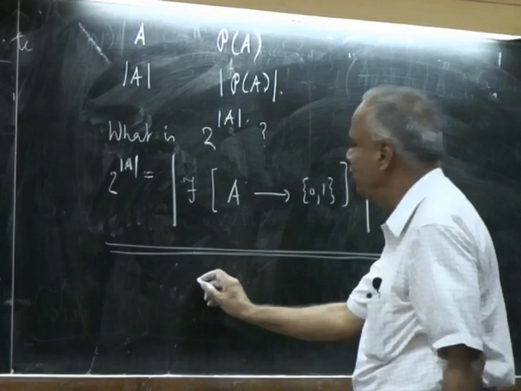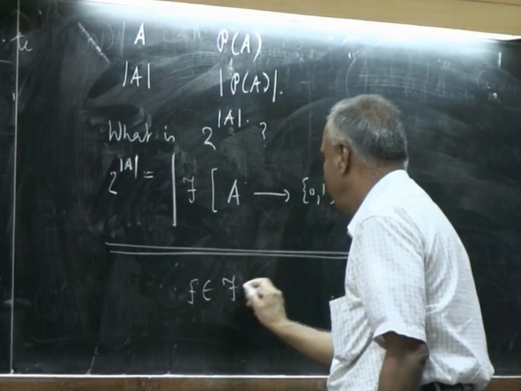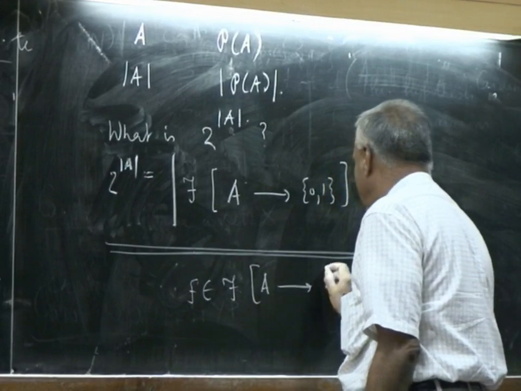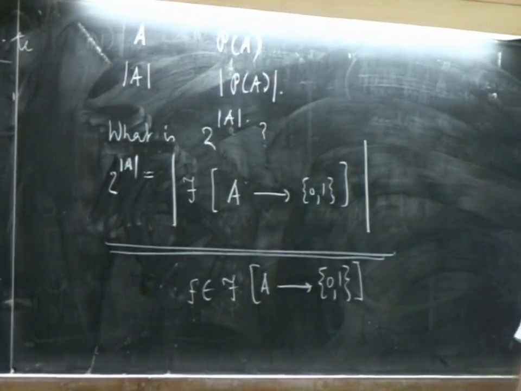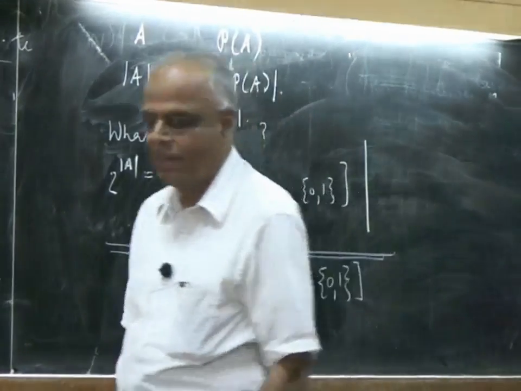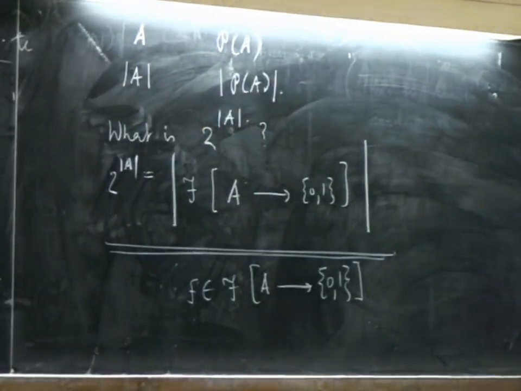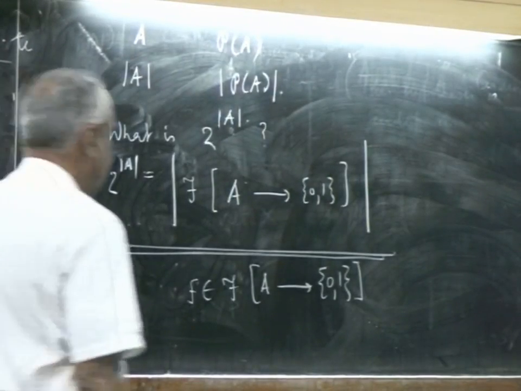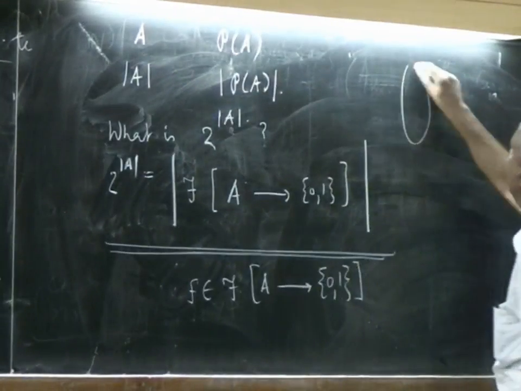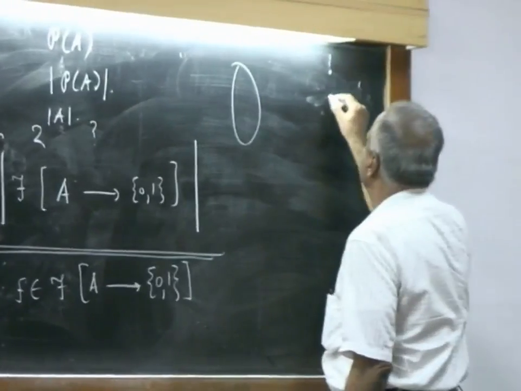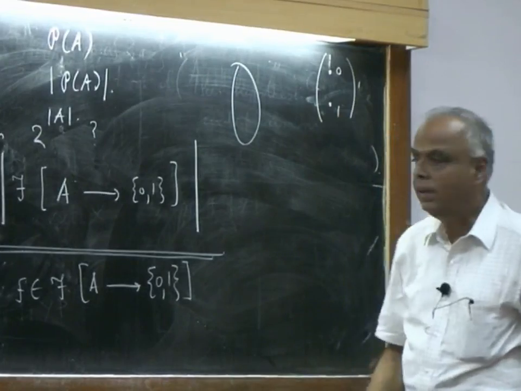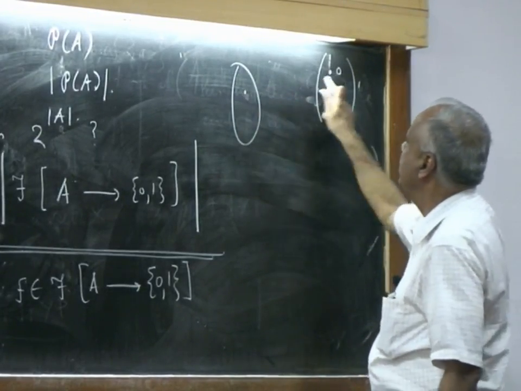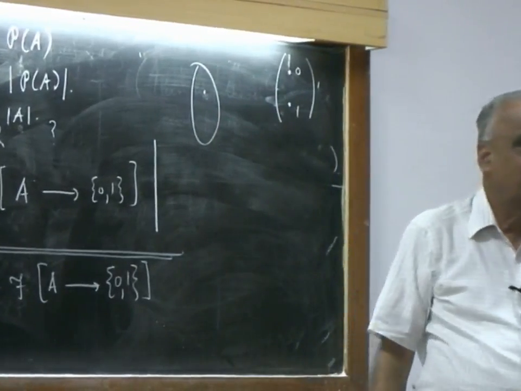Now take any such function in this collection. What does it do? How does it look? Here is A, here is just a 2-point set, 0 and 1. It will take an element and put it here or put it there.